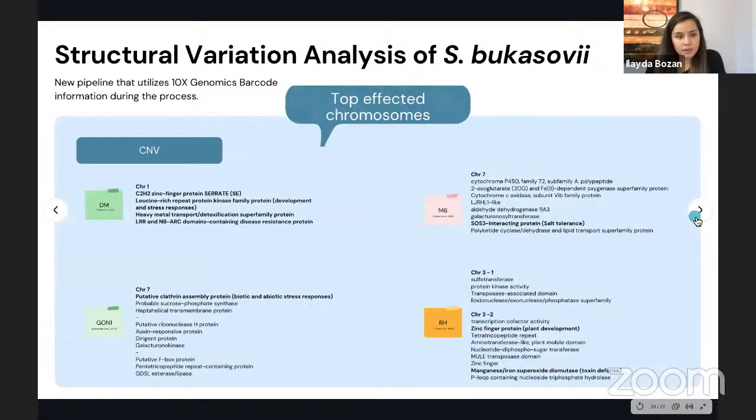When we look at the CNV results, it's shown that most of the time, development proteins, stress response proteins, and detoxification proteins are the ones that are mostly affected.